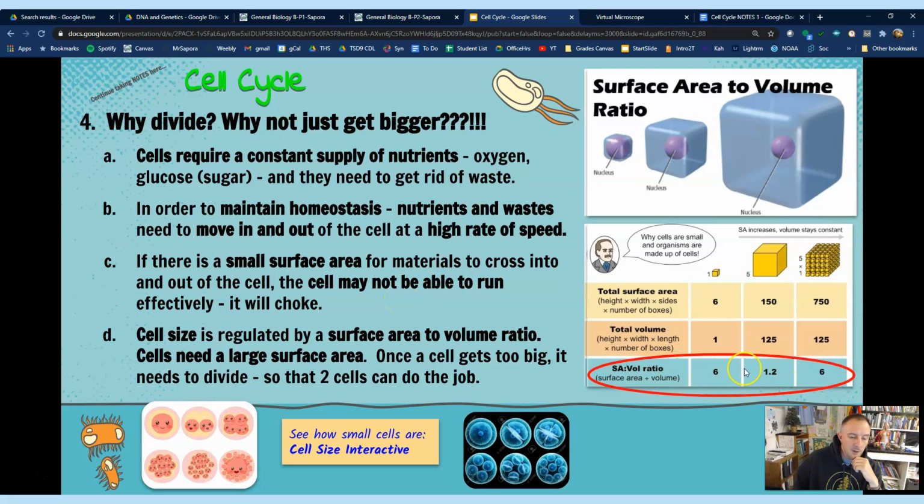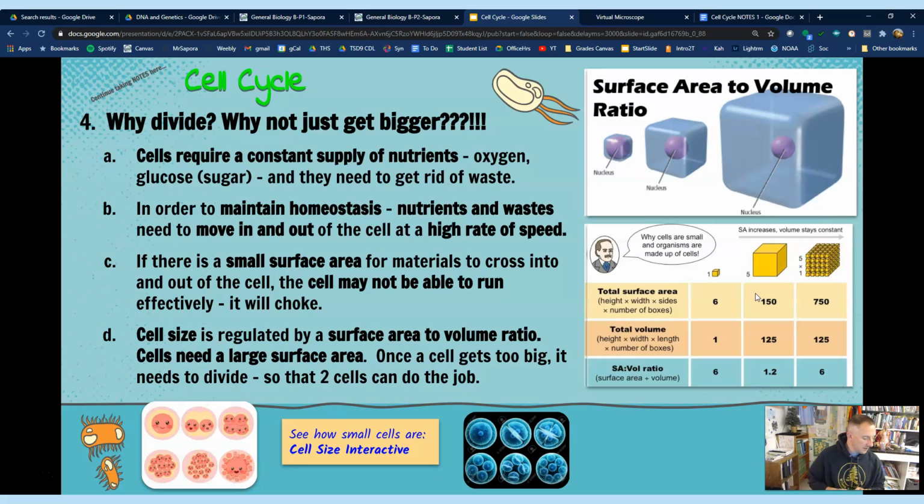So surface area to volume ratio, on this graphic right here, you can see if you've got something small, like a tiny little cube, and I'll just write this out like this. So if I've got a tiny little cube here, and let's say it's 1 inch by 1 inch in size. Of course, with cells, we're talking things like nanometers or whatever. So we've got a 1 by 1.